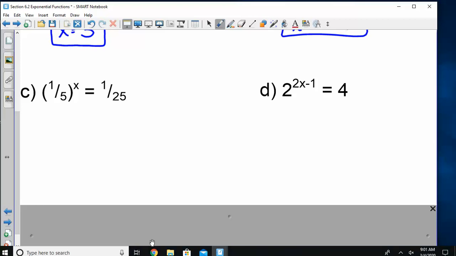If I said 1/5 to the x power equals 1 over 25. You have two options for this one. If you are comfortable with the fractions, you might realize that 1/25 is the same as 1/5 squared.